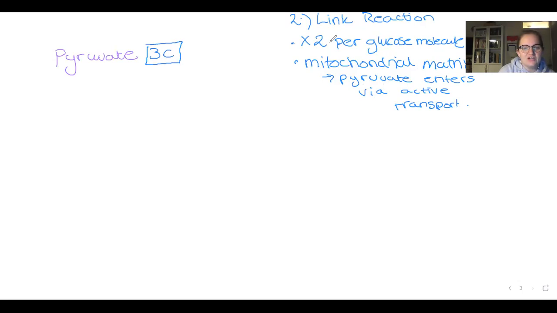And this is why the link reaction happens twice, because remember, we've made 2 molecules of pyruvate in glycolysis. So the link reaction has to happen twice per glucose molecule because it happens once for each pyruvate molecule.